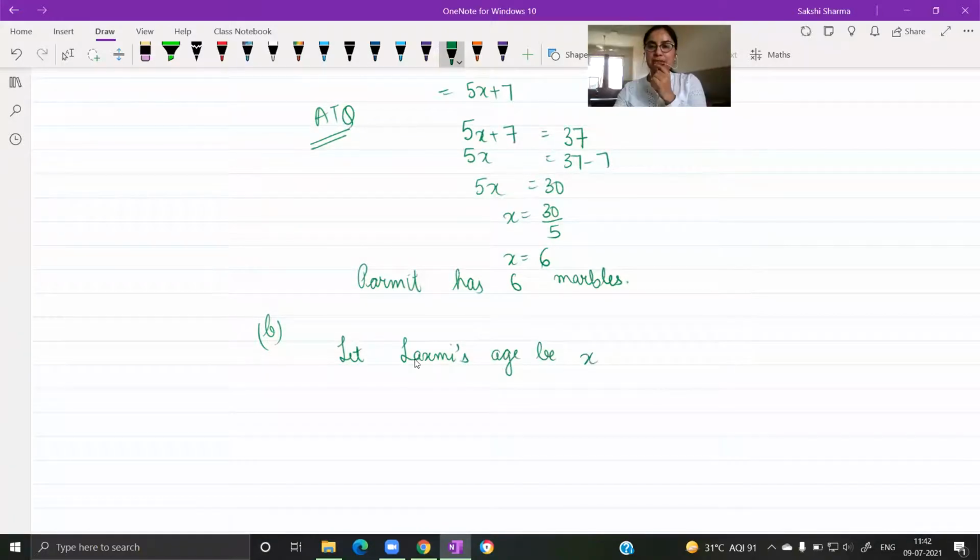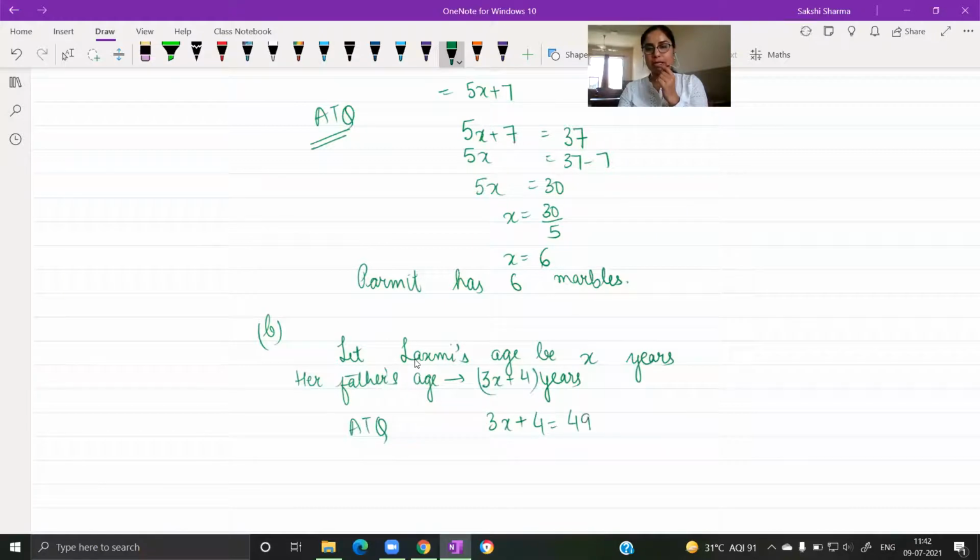Let Lakshmi's age be x years. Her father's age is 3x plus 4 years. According to the question, this value is equal to 49.